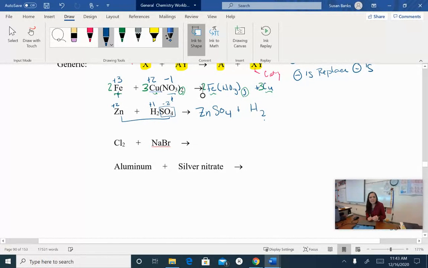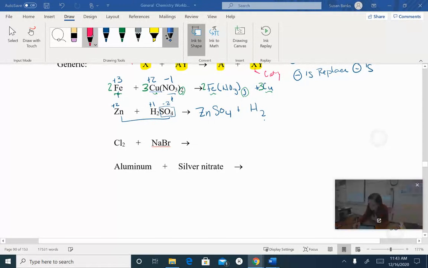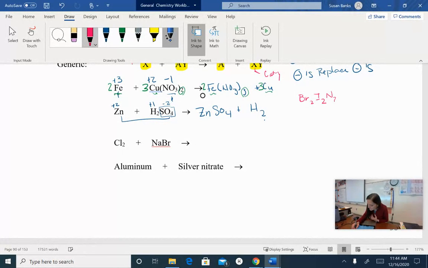Remember, we have 7 gases that are diatomic, that when they are elemental or by themselves, they come in groups of 2. And those diatomics are the following. We have bromine, iodine, nitrogen, chlorine, hydrogen, oxygen, and fluorine.